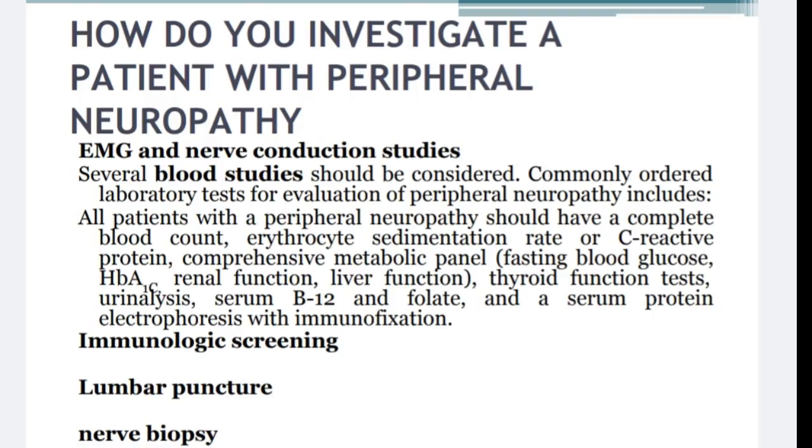Immunological screening for connective tissue disorder, search for infectious processes, particularly HIV and hepatitis, Lyme titers, and rapid plasma reagent. Other blood studies may also be indicated, including assays for antibodies directed against specific nerve or myelin components, serum cryoglobulins, and serum and urine heavy metal screening may be needed.